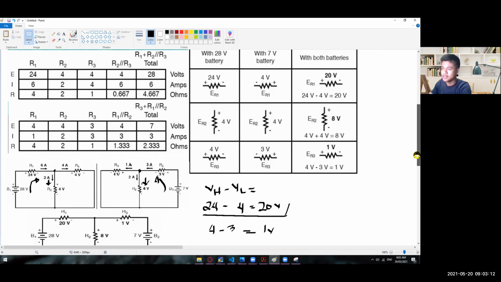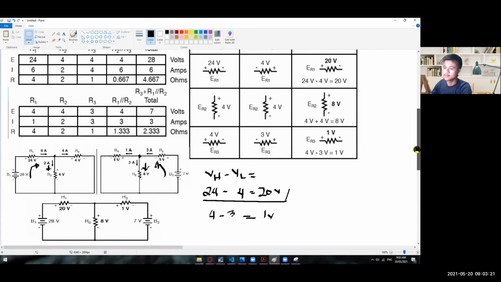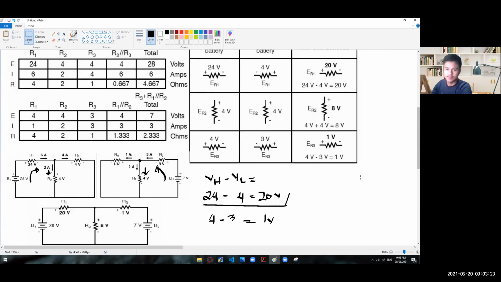So were you guys able to follow so far? Okay, take a look at your screen and analyze everything. Again, to avoid confusion, all of their values are positive.